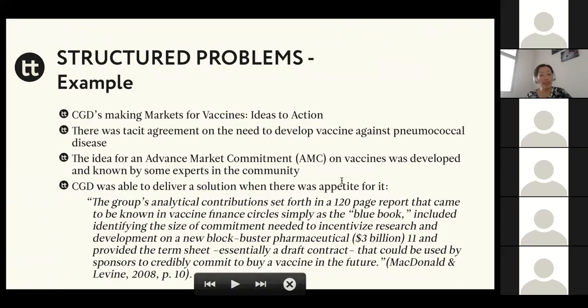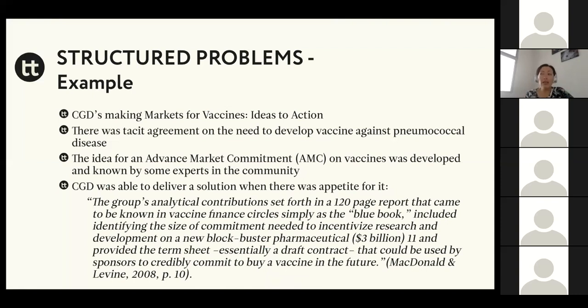The other thing is that when CGD started working on this program, the concept of an advanced market commitment for vaccines had already been developed, and some already knew about it. So that means that there was already some knowledge about the problem, and there was already an existing framework to think about this issue.